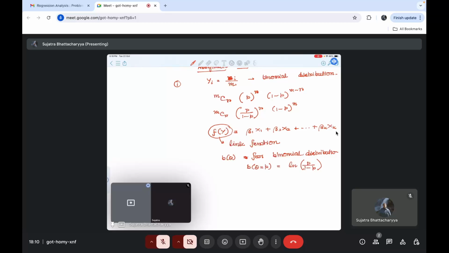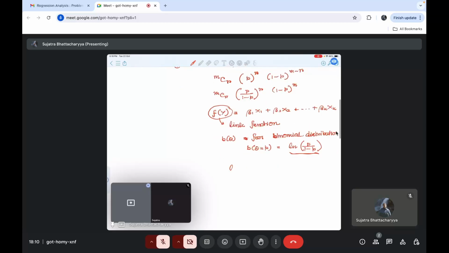Now, since the y's are coming from this, it's a function of y. Instead of writing log p upon 1 minus p, we can directly write the link function f of y as log of, just replacing p with y. This should be your link function, correct? Because we have seen that the link functions are nothing but the natural parameter, b of theta, correct?